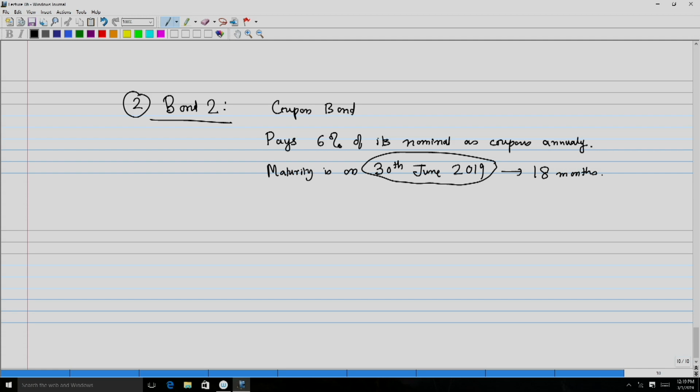Now, here I have to specify one thing. I have said that it pays 6% of its nominal as coupons annually. So, what I mean here is the following: the question might naturally arise that when I am talking about coupons being paid annually, this might seem somewhat contradictory, since this bond only has a remaining duration of 18 months.